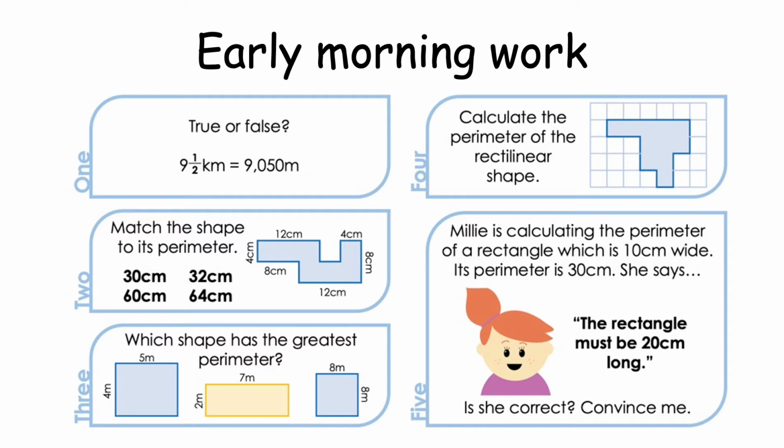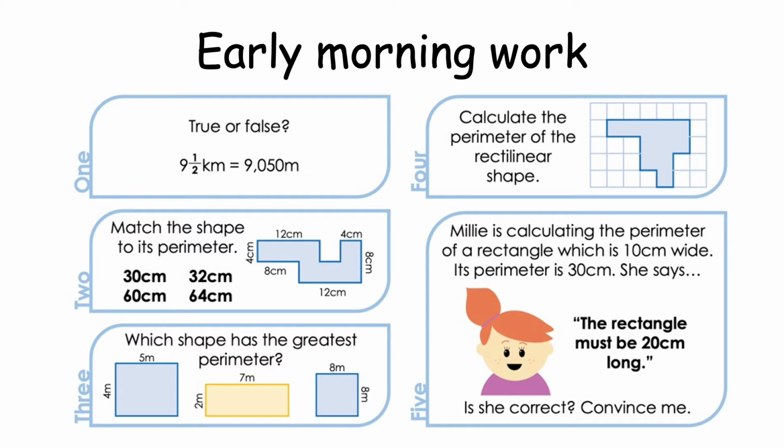Number 2, match the shape to its perimeter. Well, I worked out the 3 missing vertical, the up and down measurements are 4 centimeters, and the horizontal, the one going across, is 4 centimeters as well. So the total of all of those measurements, the perimeter would be 64 centimeters.